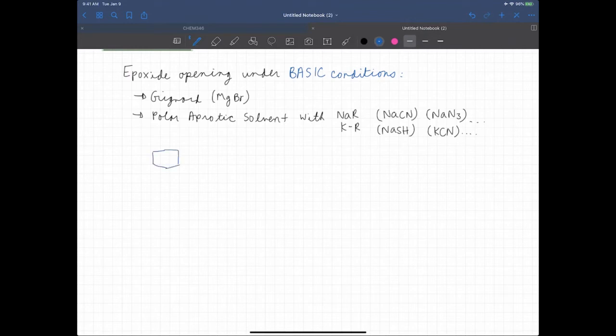If I have this epoxide here, and for example I use sodium azide in DMF, and then I do an acidic workup, such as water with H plus, or you might see NH4Cl, which just gives you a hydrogen atom basically, what you get as a result would be this.